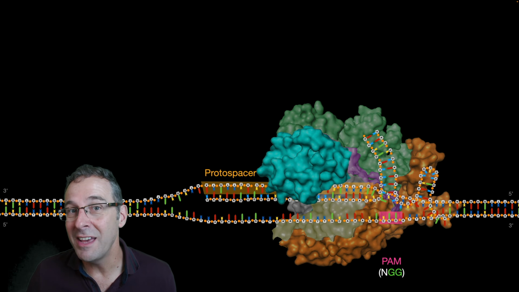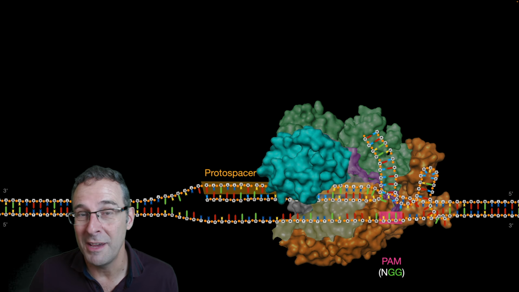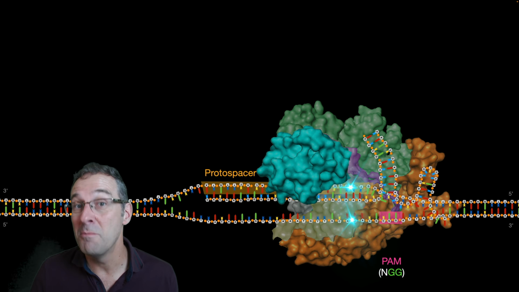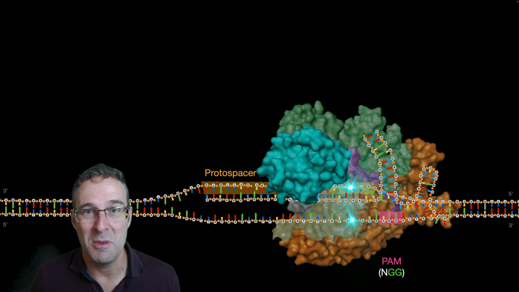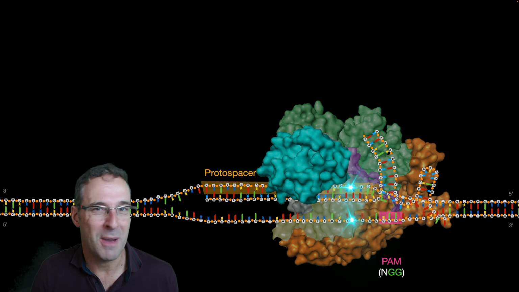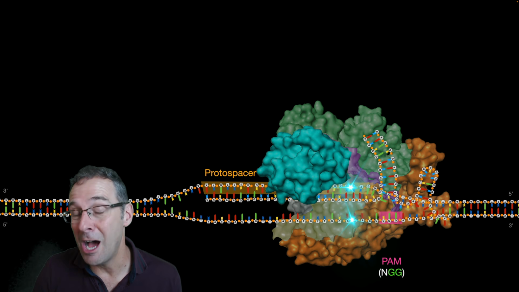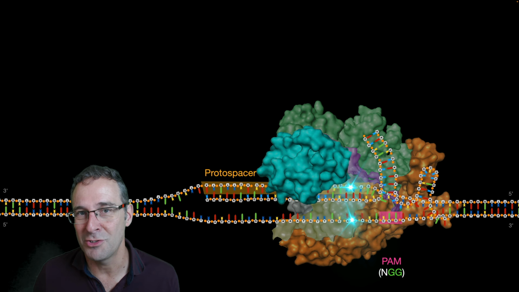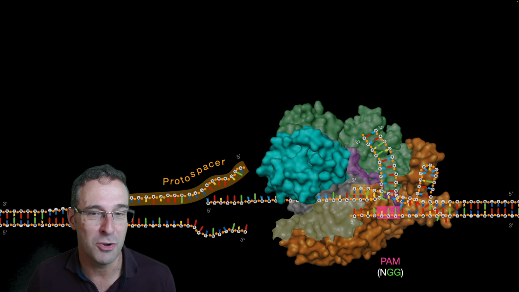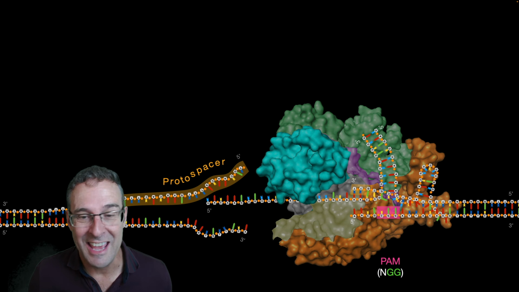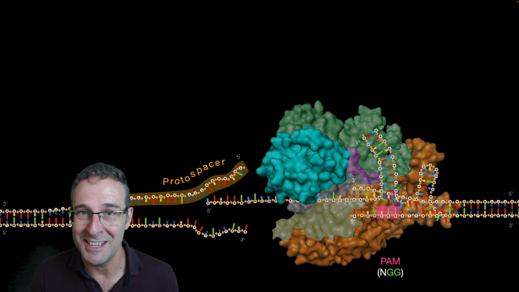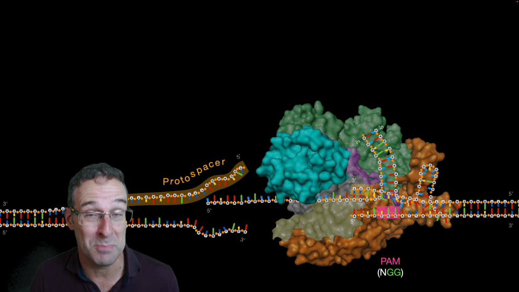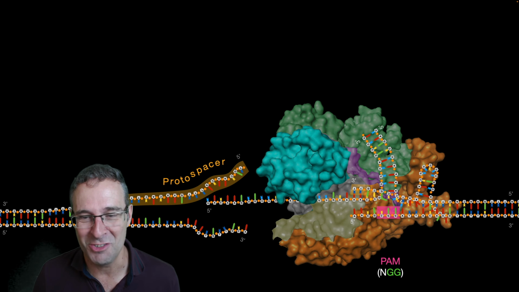And if it finds that the sequence is complementary, then Cas9 will cut the DNA on both strands 4 bases upstream of the PAM. Maybe 3 bases or 5 bases, around about 4 bases upstream of the PAM on both strands. Then, of course, that cleaves the DNA, causing what we'd call a double-strand break. A double-strand break, or a DSB, is how you'll see that written in the literature.